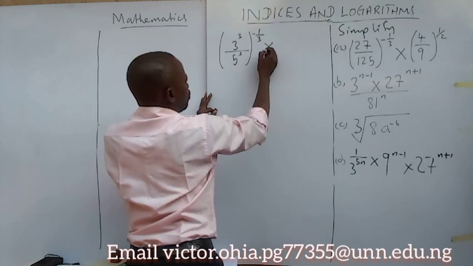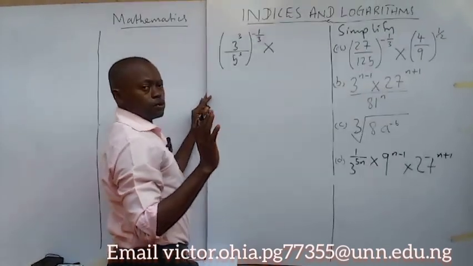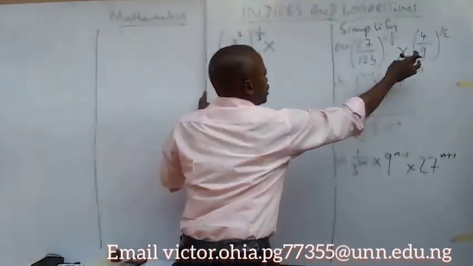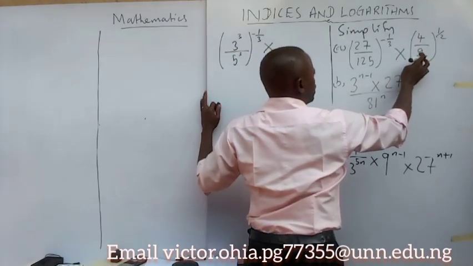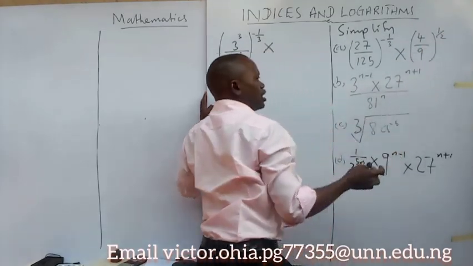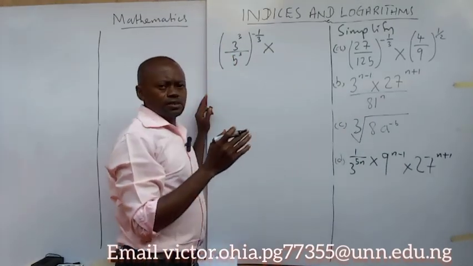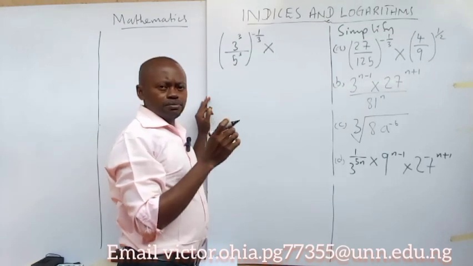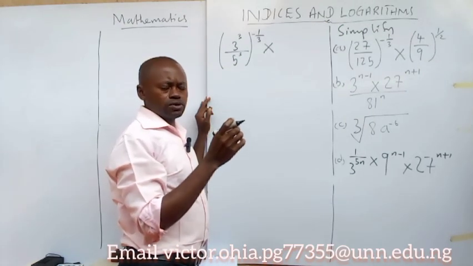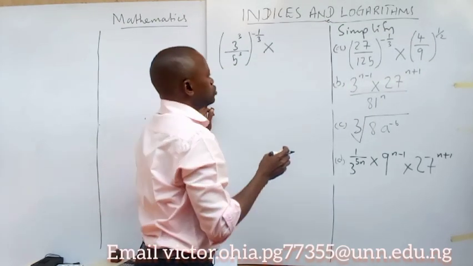Okay, I will not jump any step for the purpose of clarity. All right, if you look here, you realize 4 and 9 all raised to power half. And we have in the last class discussed among the laws of indices that any term raised to power half is equal to the square root of that number or that term. So we have shown that.